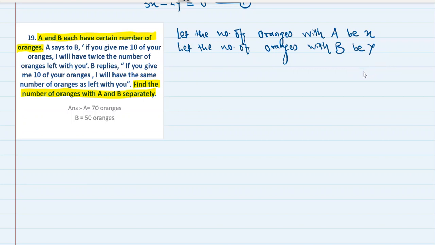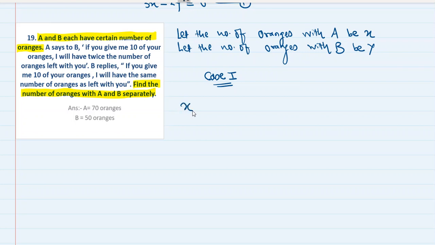Okay, now what? A and B each have a certain number of oranges. A says to B, if you give me 10 of your oranges. So what A is telling in case 1, let me write here case 1. In case 1, A is telling B, you give me your 10 oranges.